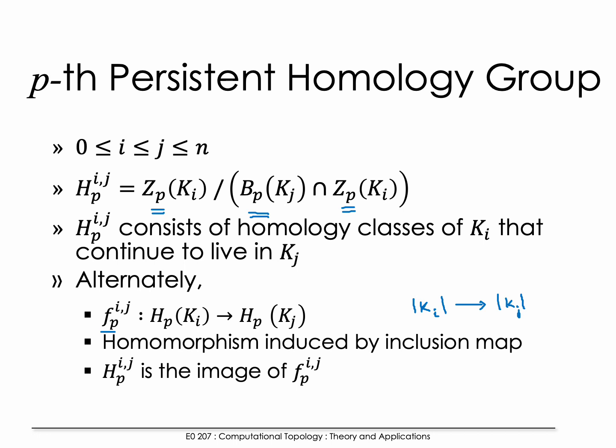The pth persistent homology group H_p^{i,j} is simply the image of this homomorphism. And the rank of this pth persistent homology group is called the pth persistent Betti number.